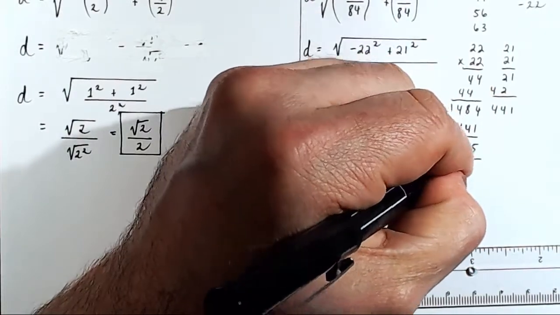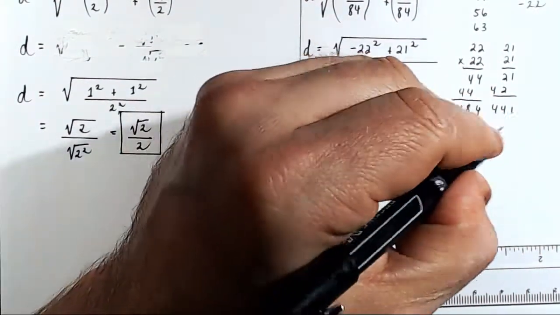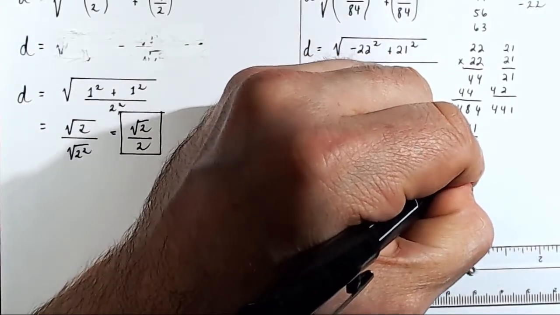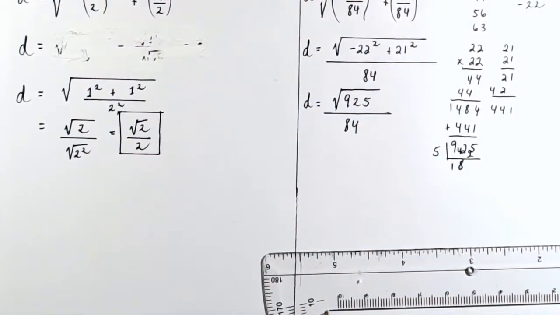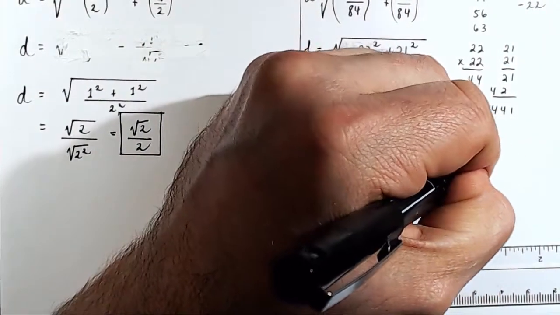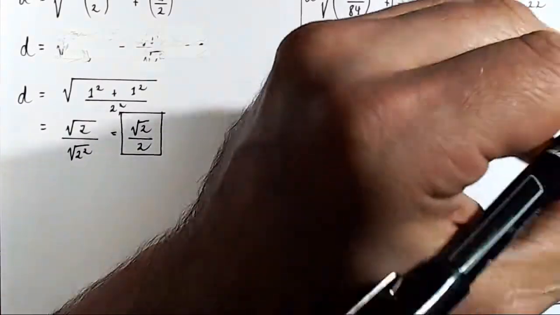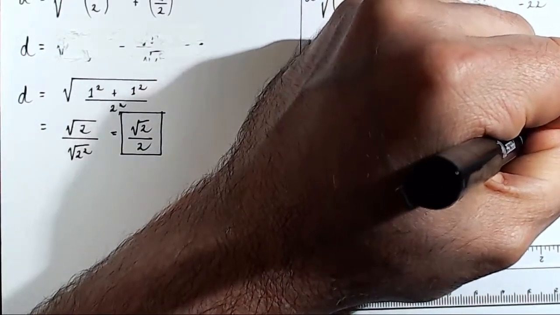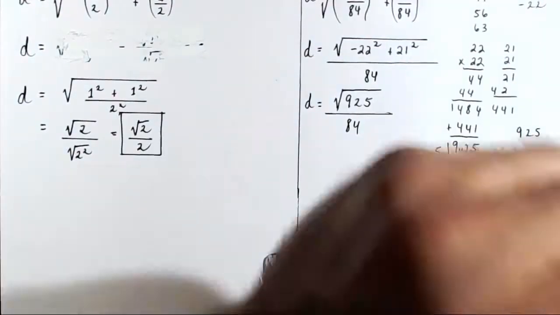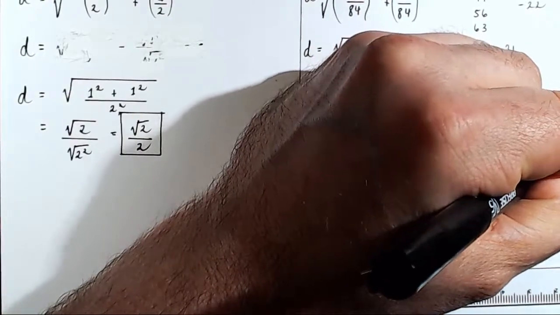Five goes into 9 one time with 4 as a remainder. 5 goes into 42 8 times with 2 as a remainder. 5 goes into 25 5 times with no remainder. So if I'm breaking down 925, factoring it, I got 5 times 185.